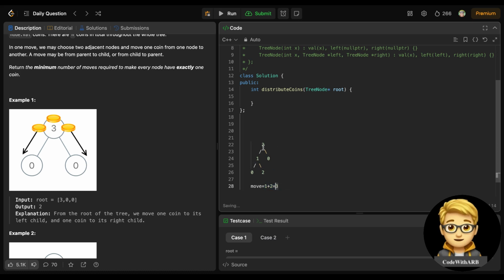But we can see that this 2 can also give to the 0, and this 2 can also give to the 0, but the total number of moves they take will be greater than this 3, and we want the minimum number of moves, right?